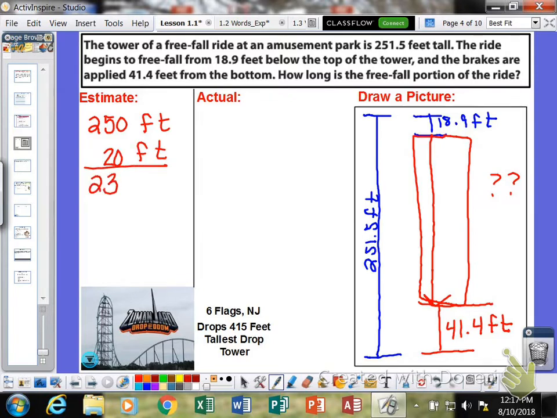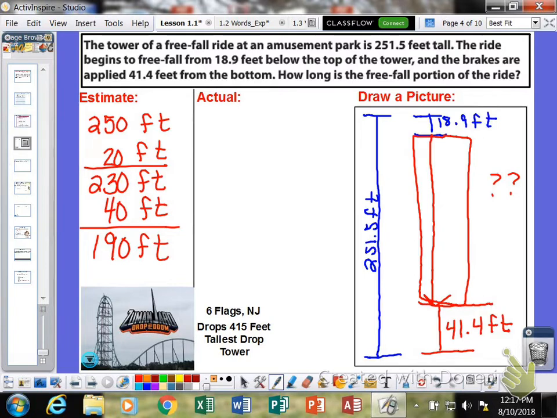We're doing an estimation. That's about 230 feet. And then we can say 41.4 feet, that's around 40 feet. Nice, easy numbers in the estimation. I'm just quickly coming up with a quick answer, just give or take. And then we come up with 190 feet. That's an estimation. So the free fall is about 190 feet, give or take.